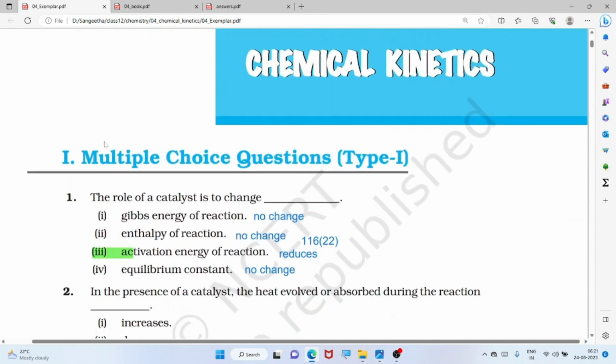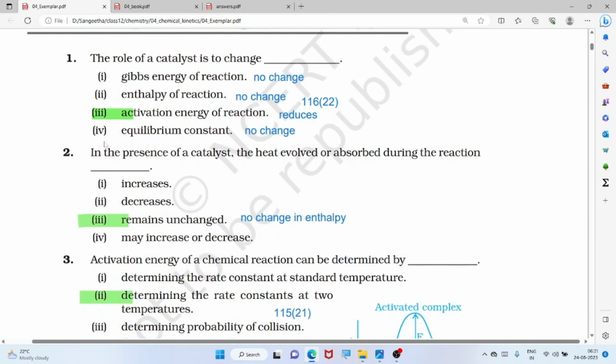The role of a catalyst is to change the rate. I already showed you that a catalyst does not change the Gibbs energy of the reaction, does not change the enthalpy, does not change the equilibrium. It changes the activation energy of the reaction, it reduces the activation energy.